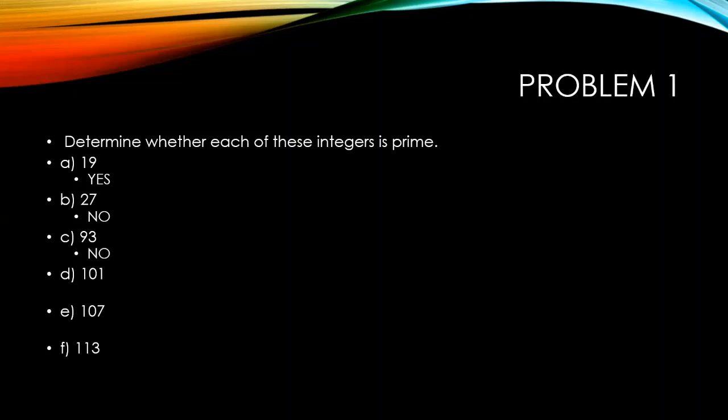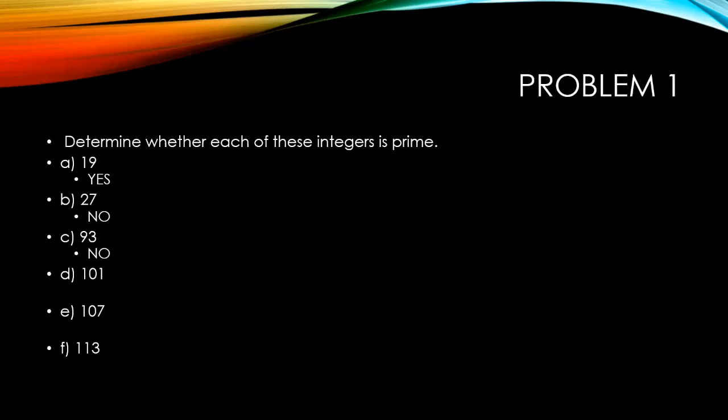How about 101? Let's get the square root of 101. The result is 10 point something. So from 1 to 10, we're going to divide 101 by 1, 2, 3, 5, 7. Dividing 101 by 1, we get the number itself.